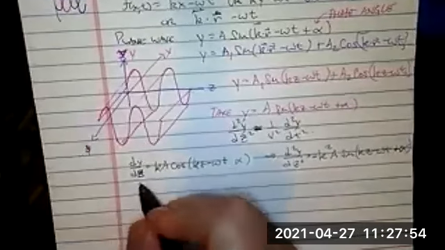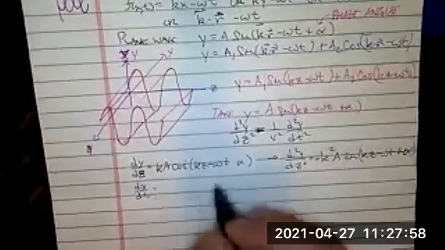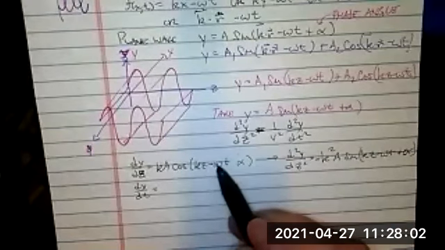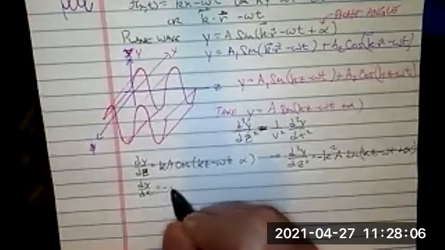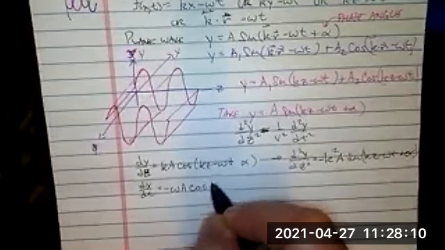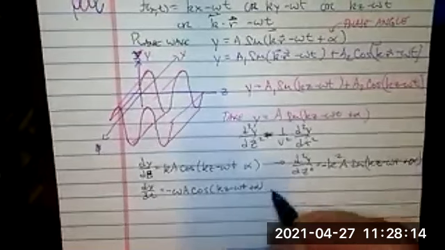Now I have to do the same thing with the derivative in time. dy over dt is equal to, notice the derivative of the argument with respect to t is negative omega. So I'm going to get negative omega a cosine(kz minus omega t plus alpha).